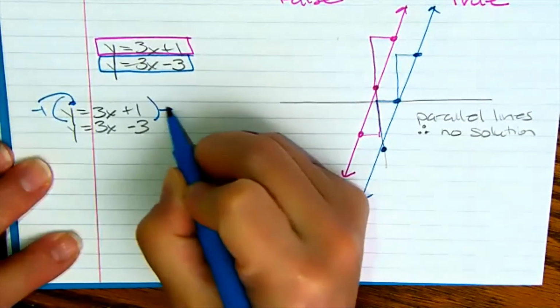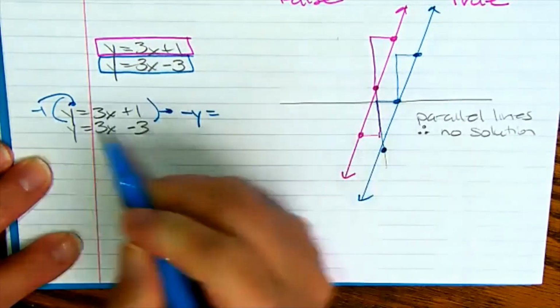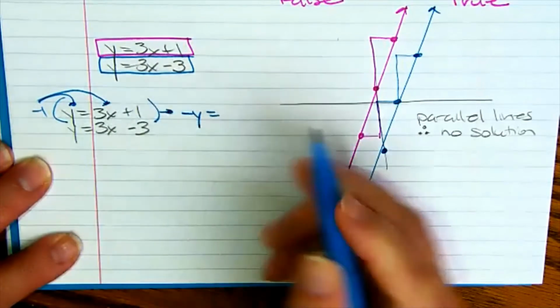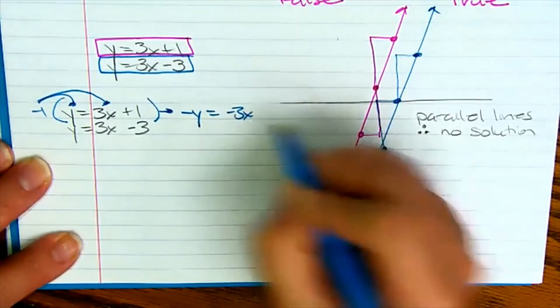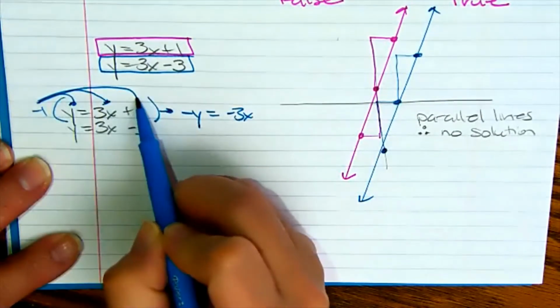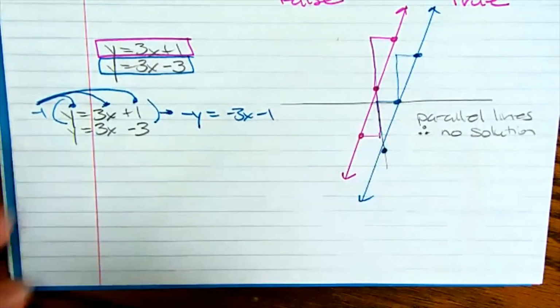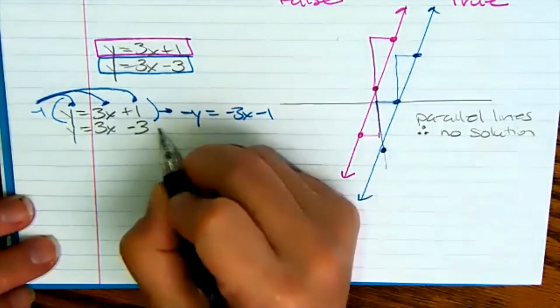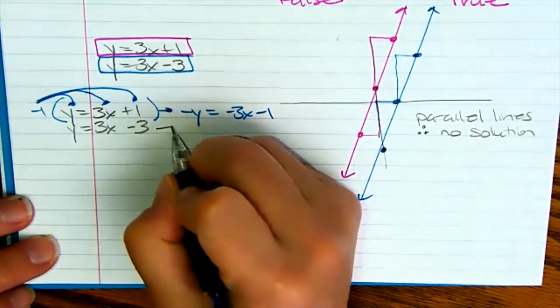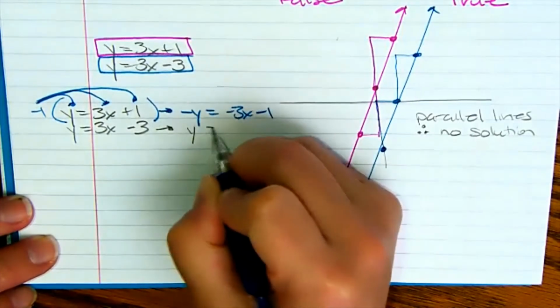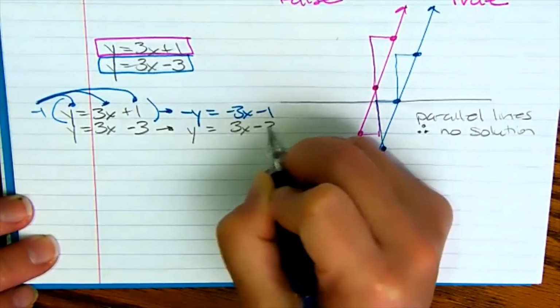So -1 times y is -y. -1 times 3x is -3x. And -1 times 1 is -1. And then this can come straight across. y equals 3x minus 3.